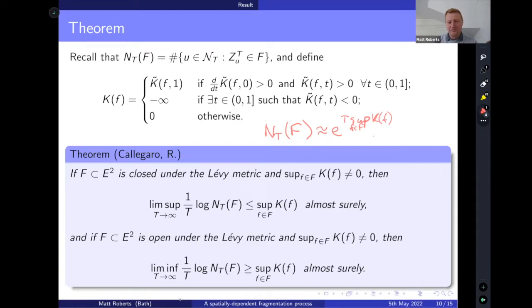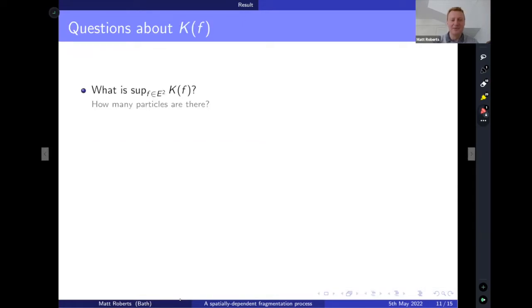But the problem is that taking this supremum, figuring out what this supremum is for a set of functions, capital F, it's not so simple, and we haven't done it. So you might like to know, for example, what's the supremum over all functions of k of f, which corresponds to exactly how many particles there are.